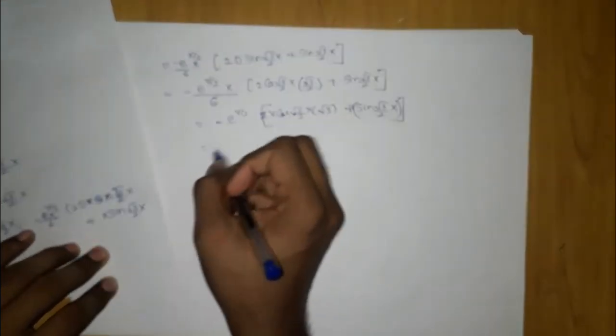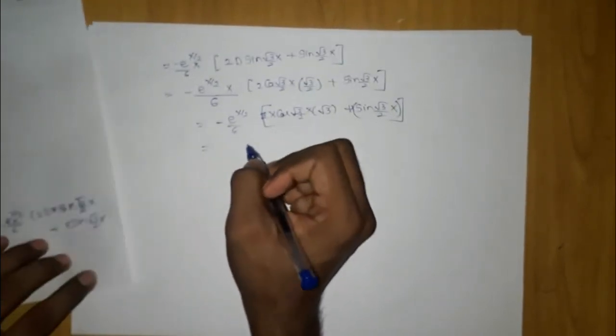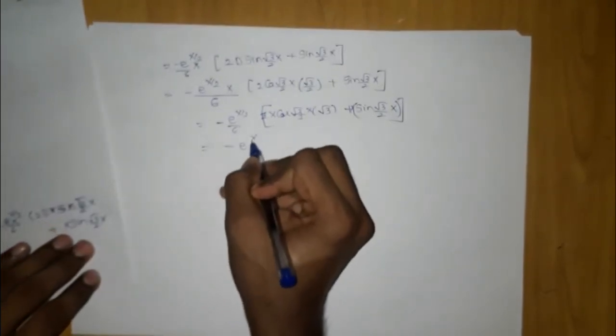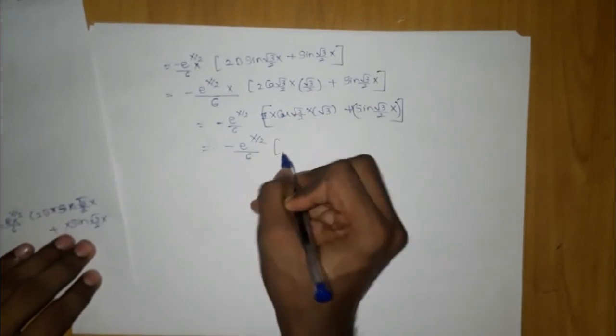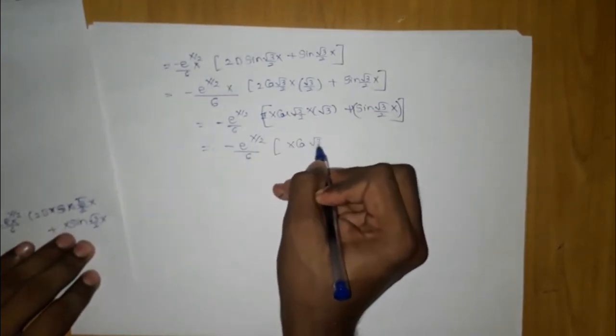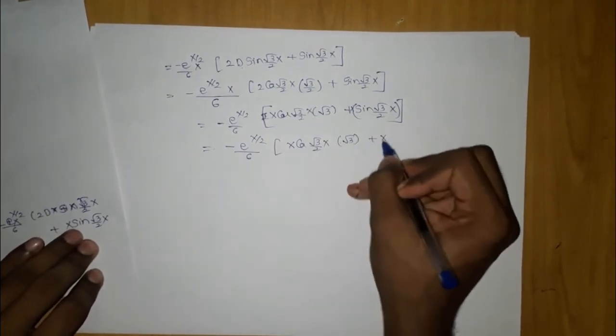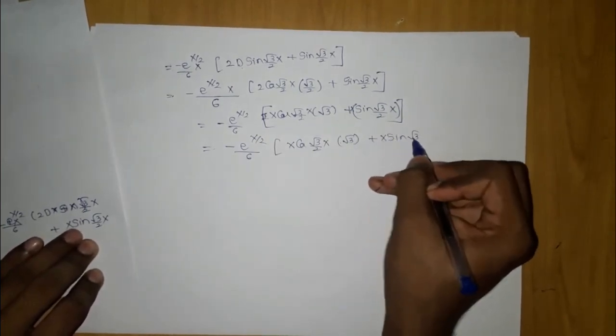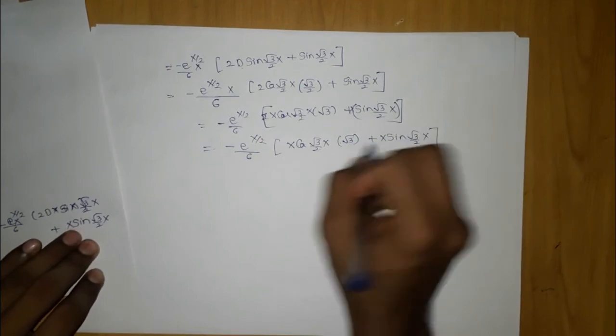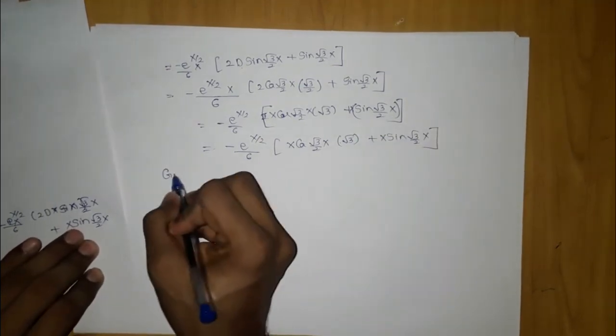Now if I write it once more, minus e to the power x by 2 by 6 bracket x cos root 3 by 2x into root 3 plus x sin root 3 by 2x. Now the general solution is what?